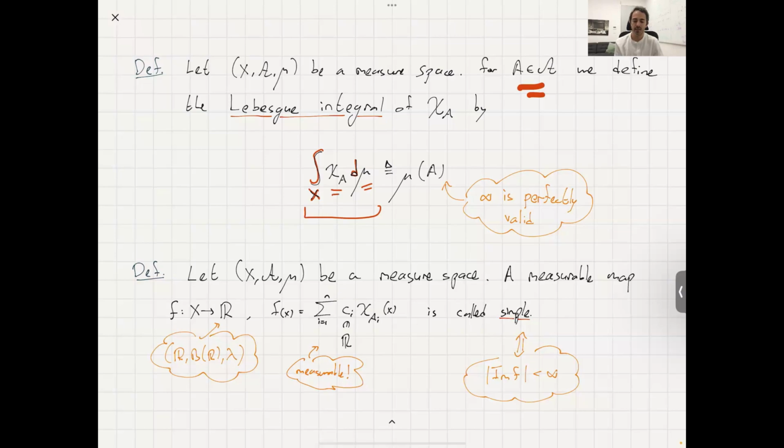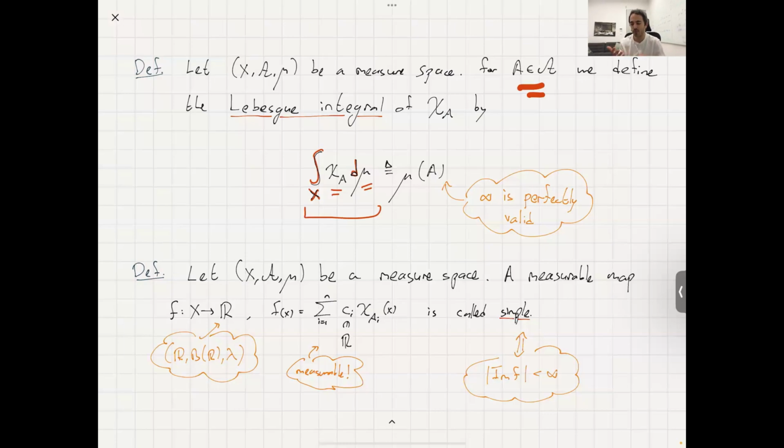Okay. And note that it could be the case that you'll get an infinity, right? Because it could be the case that A has measure infinity, and that's fine. We will be happy with working with integrals that are infinite. I mean, I don't know if you are happy about it, but you need to carry this through even if you only care about finite integrals, okay? You will see.